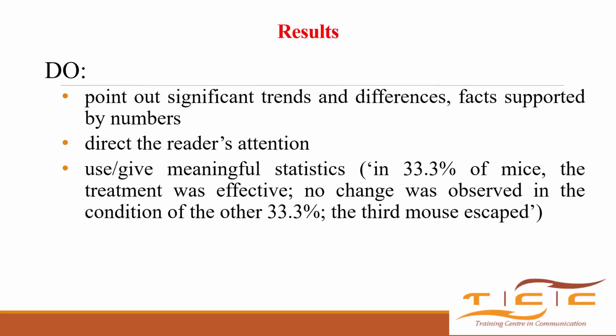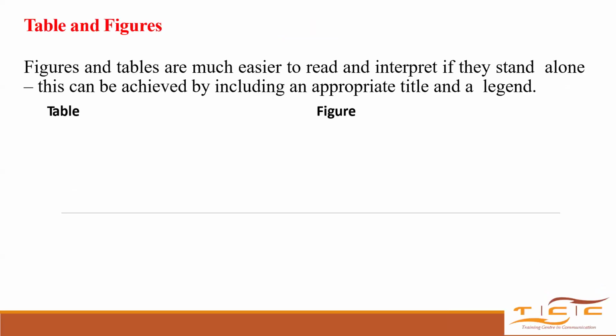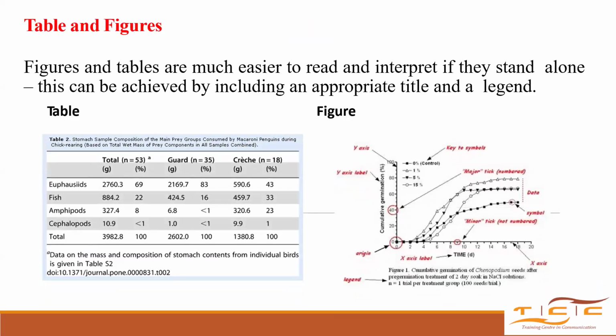Now, I'm not going to write all those things. Those are just details. So for a table, the caption comes on top of the table. For a figure, the caption goes below the figure. Okay? For a table, the caption comes on top of the table. For a figure, the caption goes below the figure. Now, for a figure, you need to label the axis.